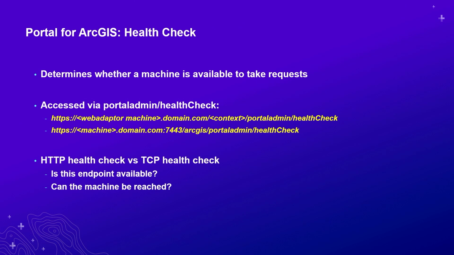This is what a load balancer should be using to determine whether it can send traffic to the machines. It's accessed via the portal administrator directory through the health check API, through the web adapter /portaladmin/healthCheck, or through the machine directly over ArcGIS /portaladmin/healthCheck.